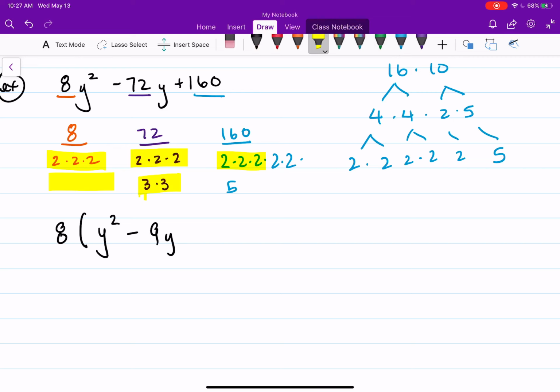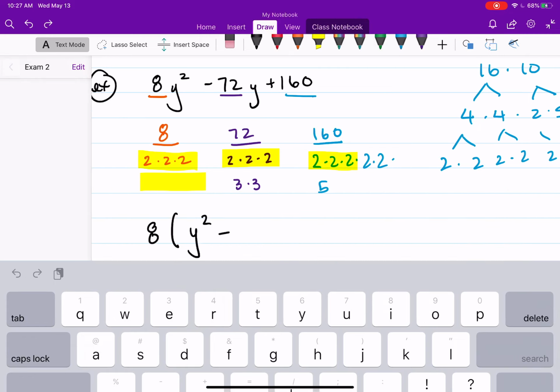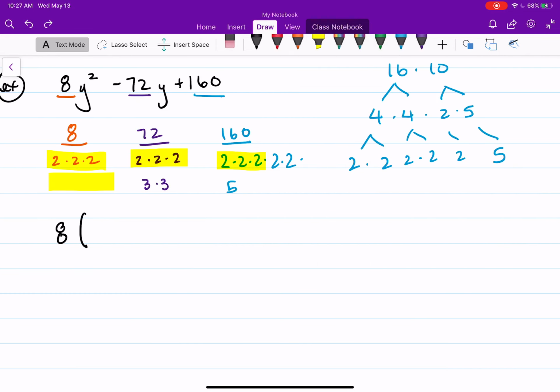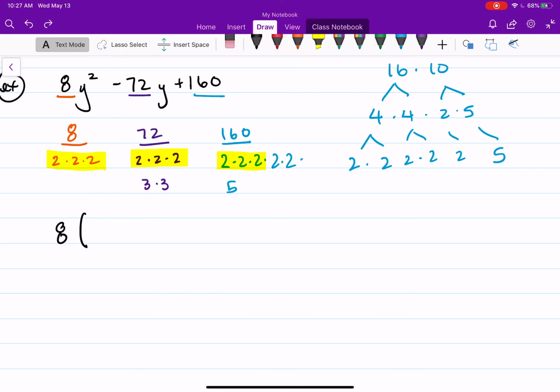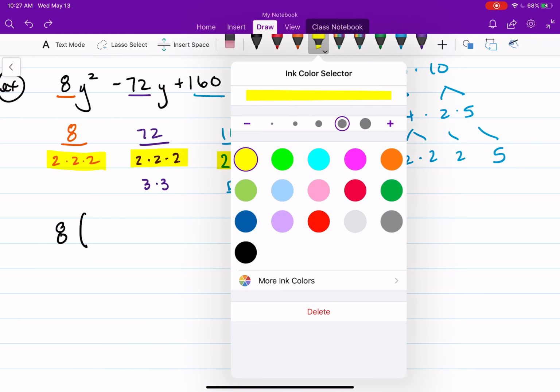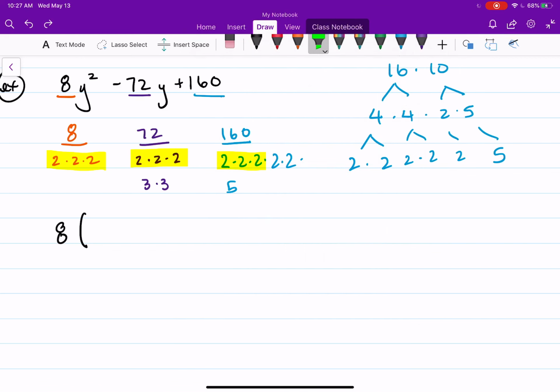Okay, what do I have left here? Actually, I probably shouldn't use those markers, huh? Not, at least not yellow. There we go. Let's use green. So I don't have anything here, so I have a y squared left.